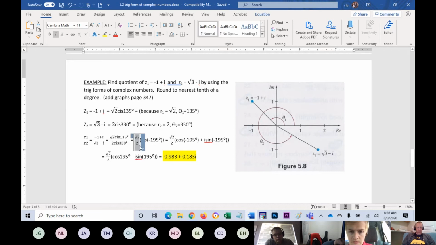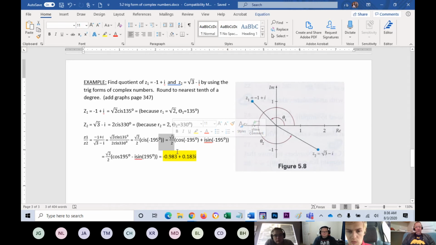It's square root of 2 over 2 times CIS, and then we get to subtract 135 minus 330 degrees, which works out to be negative 195 degrees. That's not one that we know, so we're going to have to plug that into our calculators.